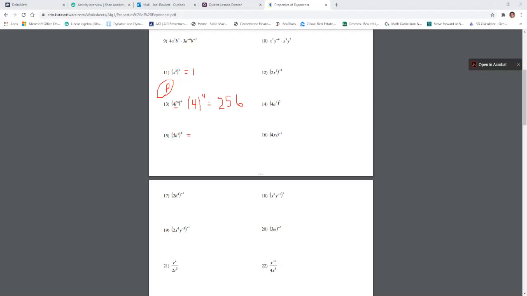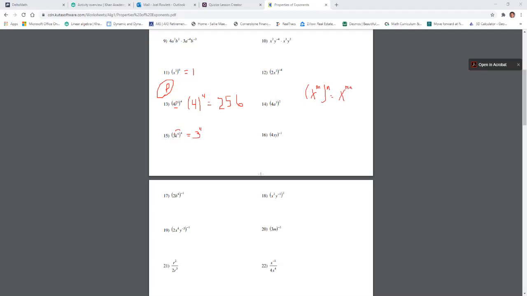And remember, the rule says that if you have a power raised to a power, you just multiply. You keep your base and you multiply those exponents together like this. So let's do that. That's going to be 3 to the power of 1 times 4, and 1 times 4 is 4. So that's 3 to the power of 4.